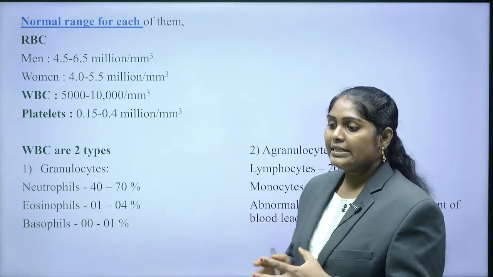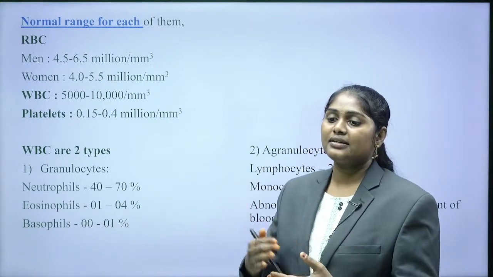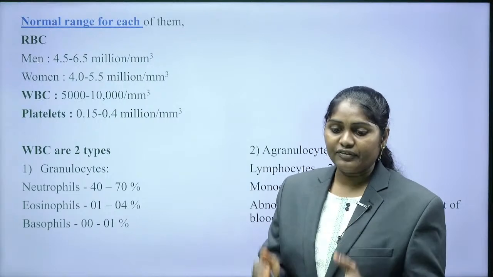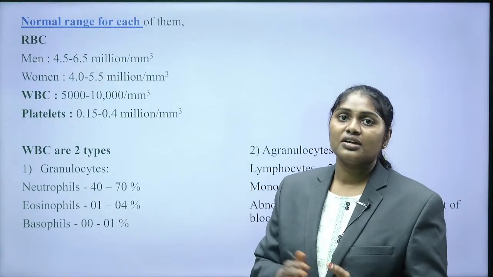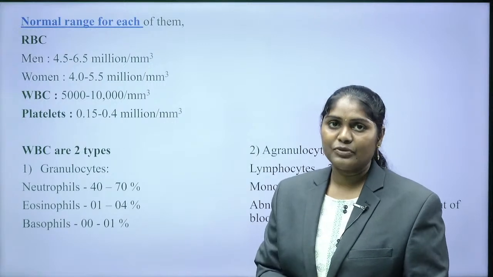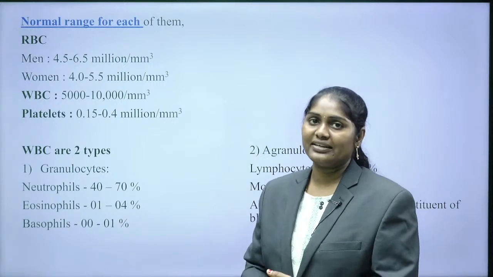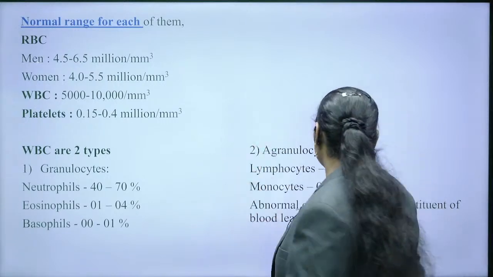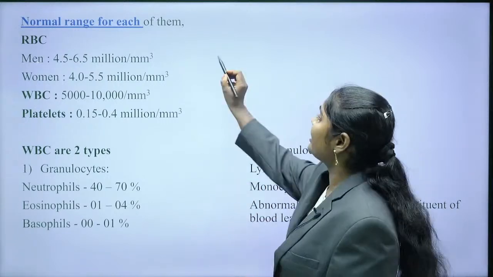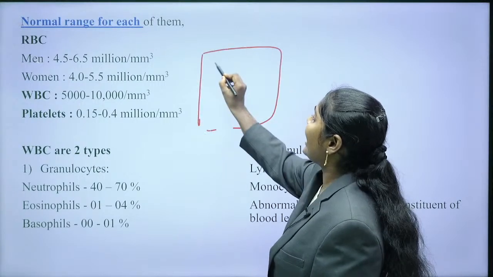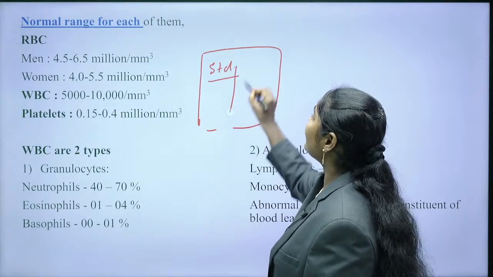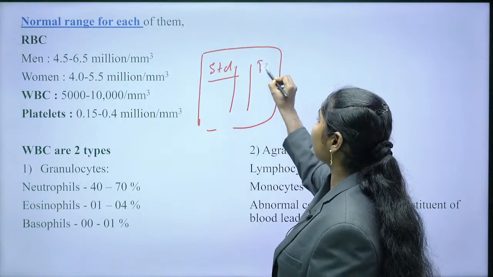In this topic, learning the normal ranges is very, very important. Why? Because whenever you go to any lab for a blood test or urine test, the lab report will have standard values and then your test values.